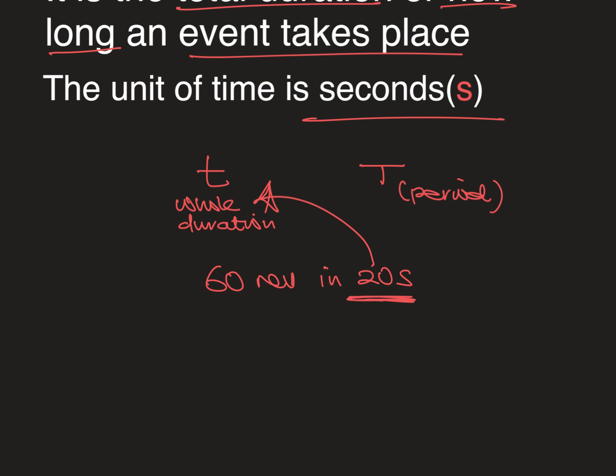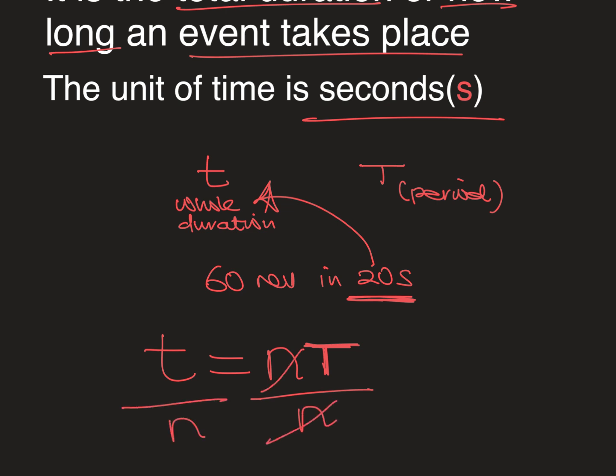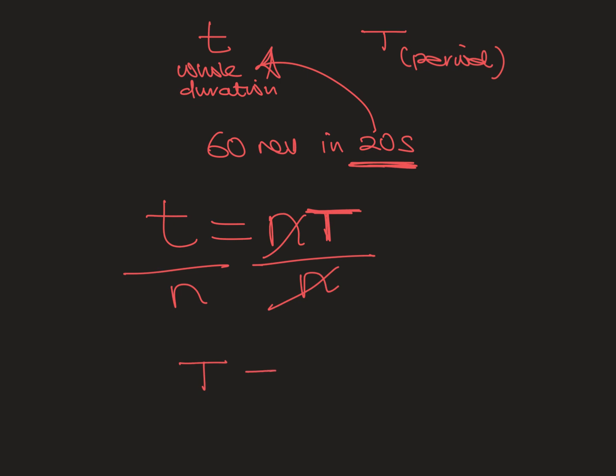That is called the period. So you should now know that the time, that is the whole time, is equal to the number of rotation or the number of revolution multiplied by the period. Okay? It makes sense. If I want to know the period, I'm going to divide both sides by n, such that the period becomes the total time divided by the number of oscillations or revolutions.